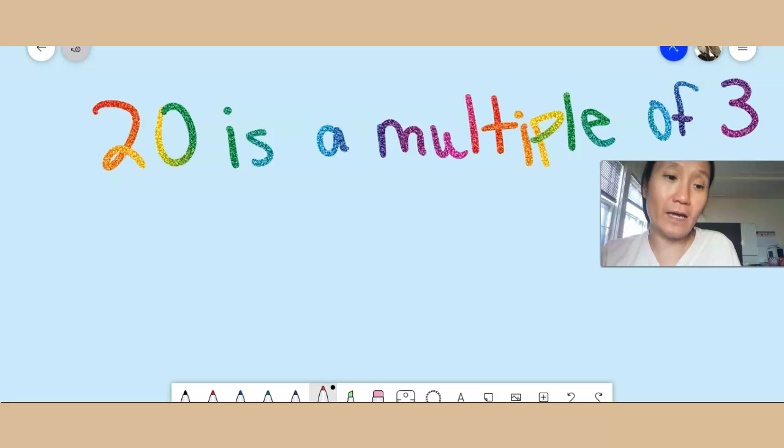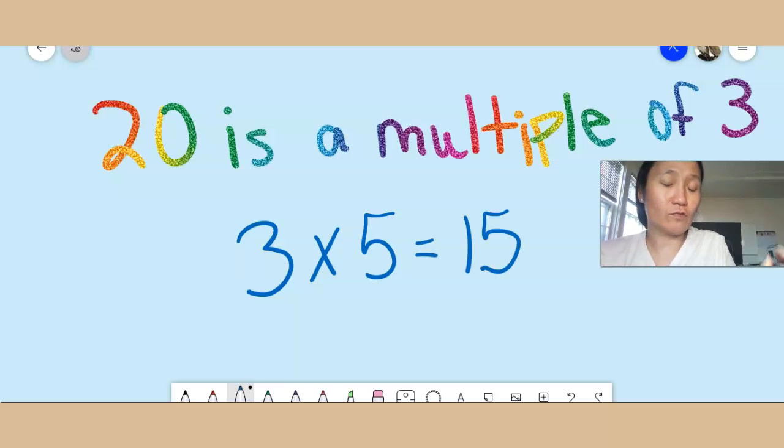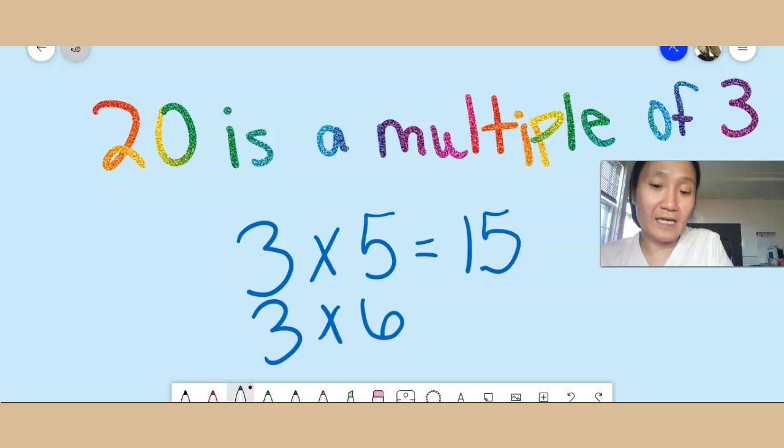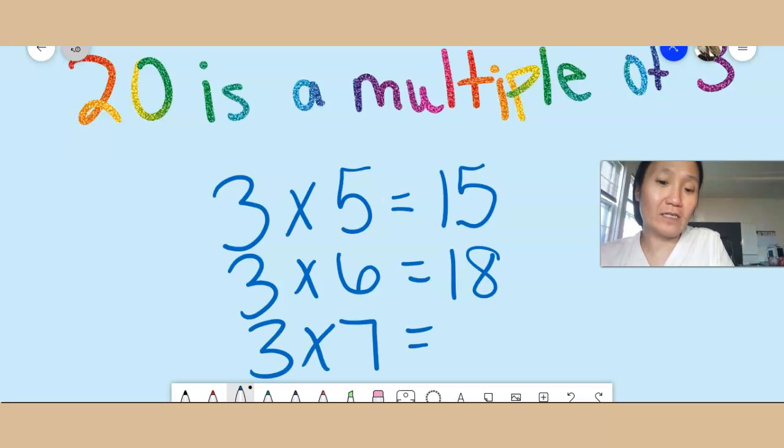So we have to decide, if we take 3 and multiply it by anything, can we get the answer of 20? 3 times 5 is 15, so not yet. 3 times 6 is 18, and 3 times 7 is 21.